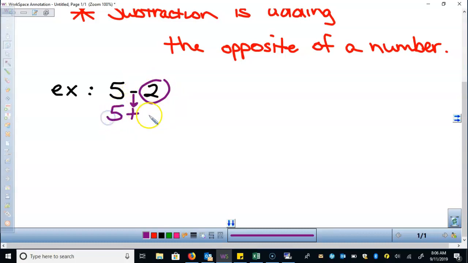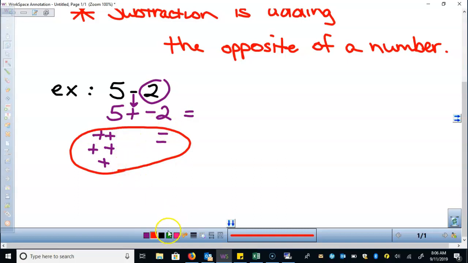And what's the opposite of 2? Negative 2. So now we have 5 positives, and we're adding 2 negatives. Look familiar? From here, we just put them together because we're adding, right? We look for our 0 pairs. So put them together.